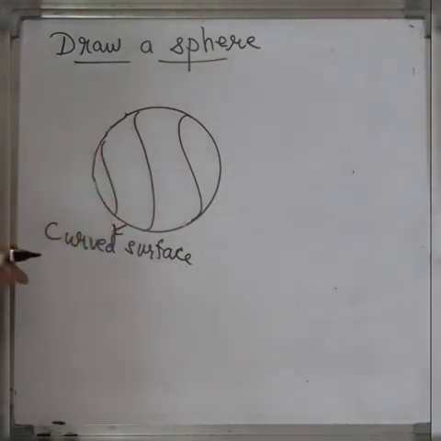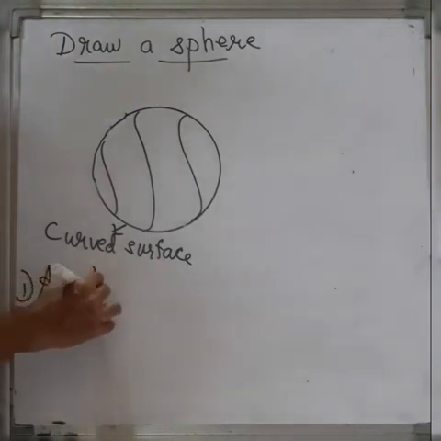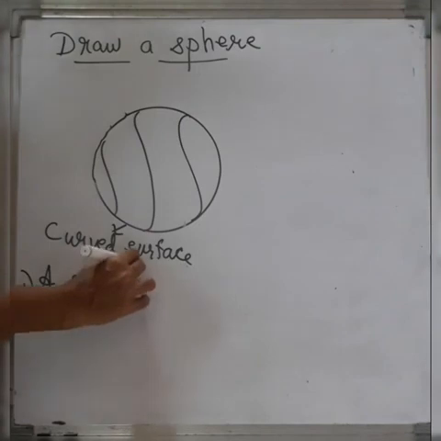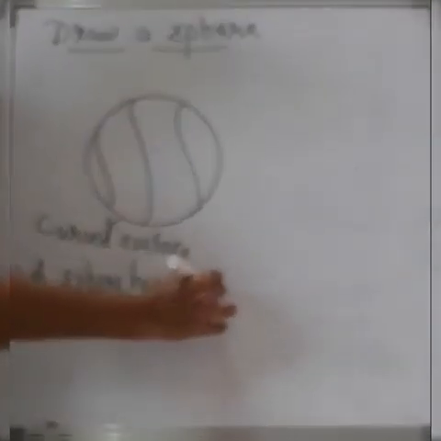And now I am going to write some questions here on the board. Read the questions carefully and write the answer yourself. A sphere has dash curved surface.